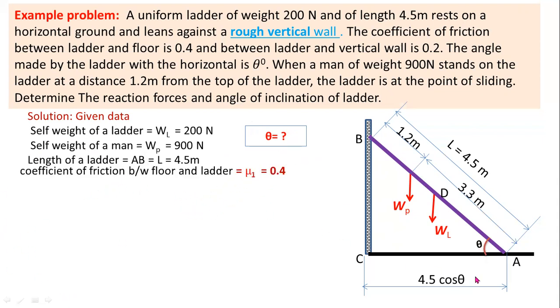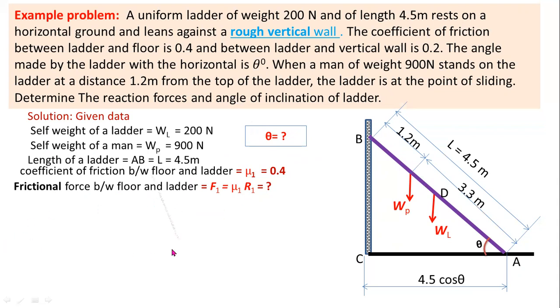The coefficient of friction between the floor and the ladder is mu1 equal to 0.4, and the frictional force between the floor and the ladder at point A is F1 equal to mu1 R1, which you have to determine.